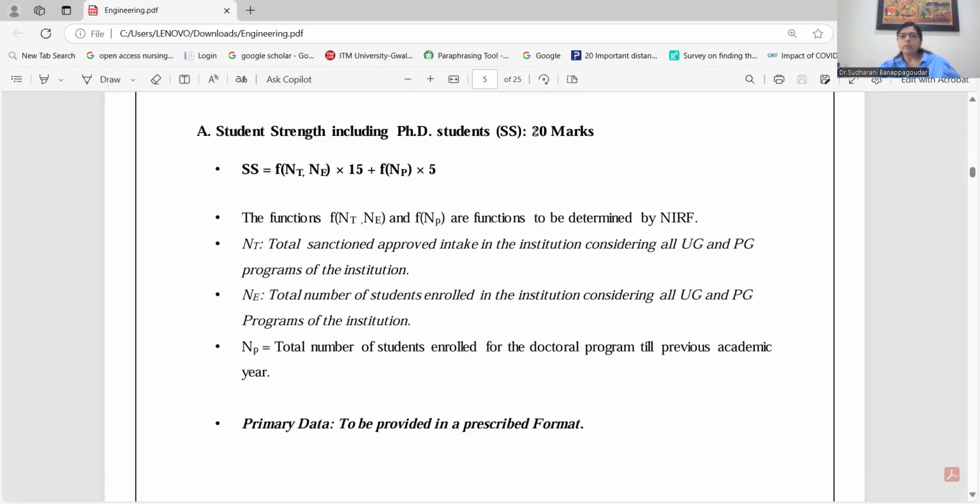We have to average this for the 20 marks. So how to average this? A maximum value has been fixed, the maximum value given by NIRF, and we take 25 in the denominator. That is 15.21 upon 25 multiplied by 20, which becomes 12.17.